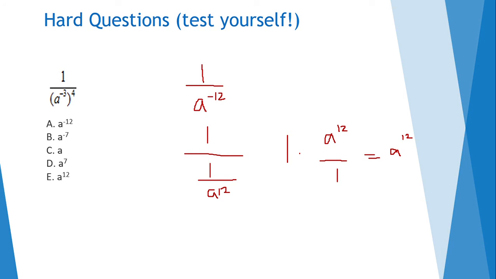So if you see 1 over a to the power of negative 12, you'd flip the fraction and you'd get a to the power of 12 over 1. And we just change the sign. So that's how I like to think about what it means to be an inverse. And as you can see, a to the power of 12, that is E. So that's right there.